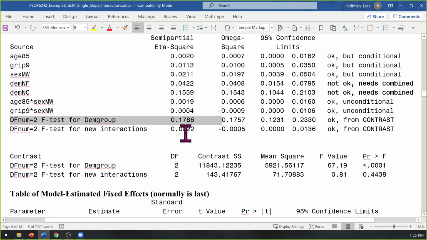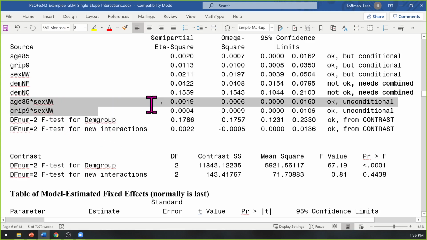So dementia group as two separate slopes that create three different means is responsible for about 18% of the variance. So we only had an R-square of like 0.28, like 0.18 of it is responsible just for those two terms.